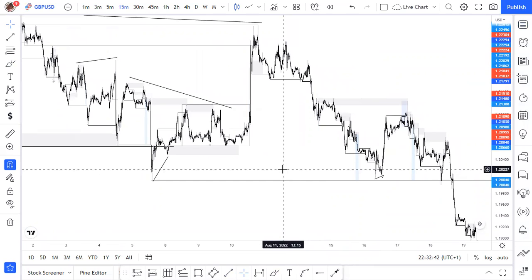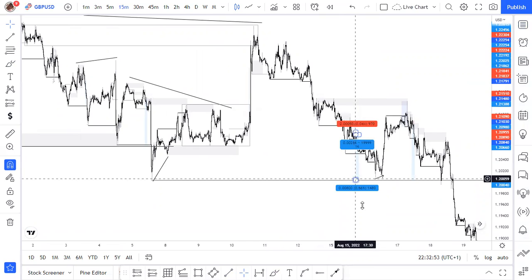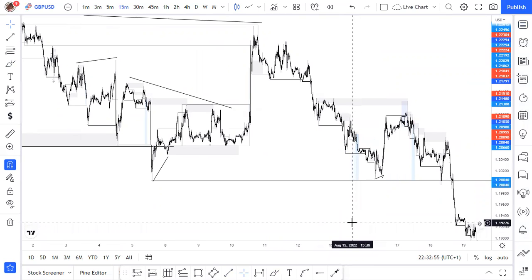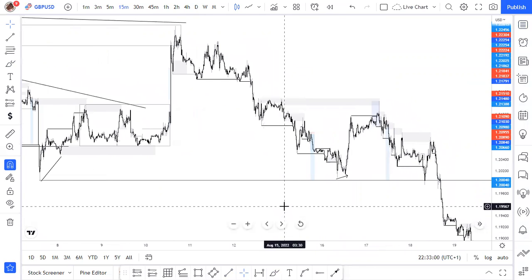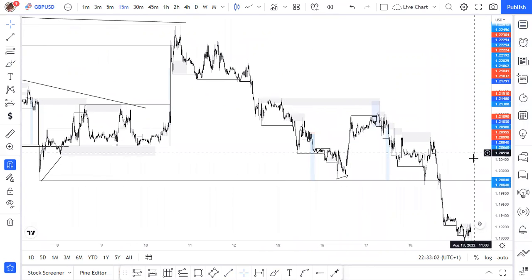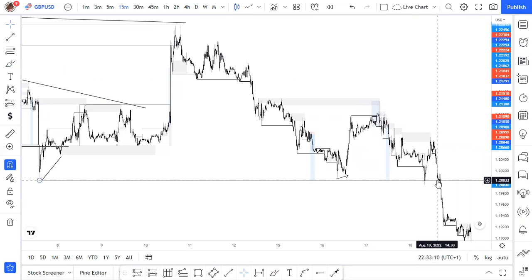And this is one of those weeks where I can't really say I didn't have a winning trade, but I didn't really have a trade that went straight to my take profit targets. It's one of those weeks where you have some break-even trades and you take so many partials and stuff like that. But I also take some losses.